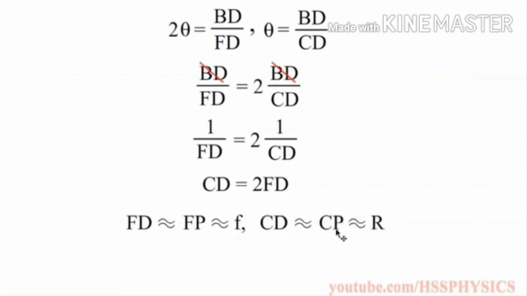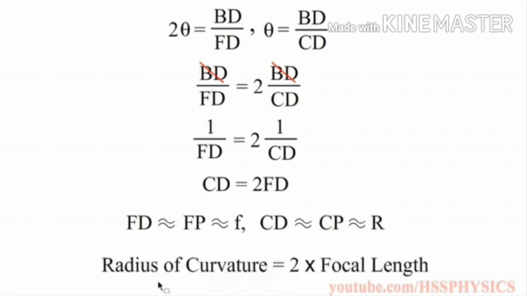CD is approximately equal to CP, which is R. So R is equal to 2f. That means radius of curvature is equal to 2 into focal length. This is the relation between f and R.